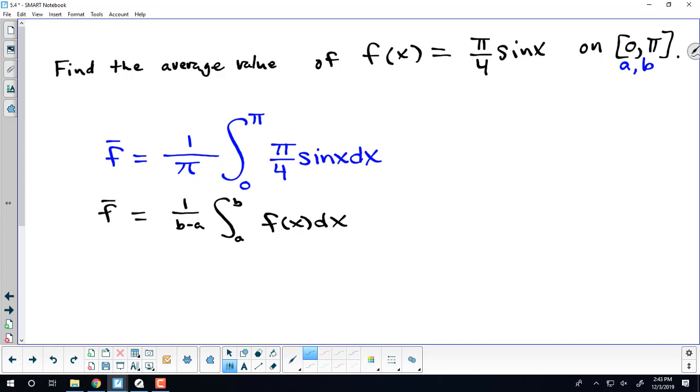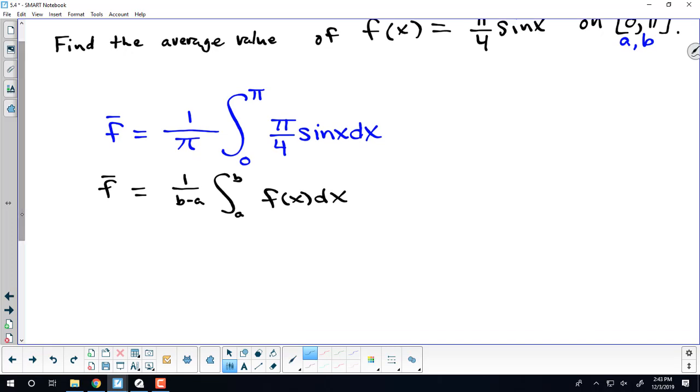Okay, let's combine the constants, the 1 over pi and the pi over 4, so that we just have 1 over 4 integral from 0 to pi, sine of x dx.